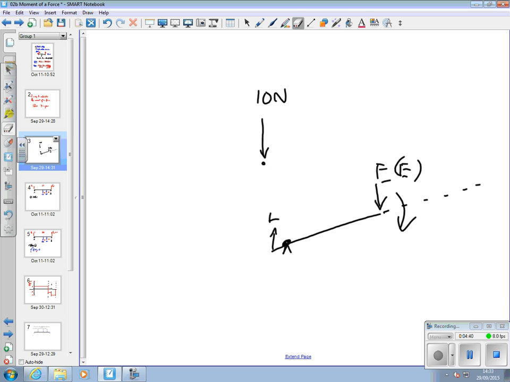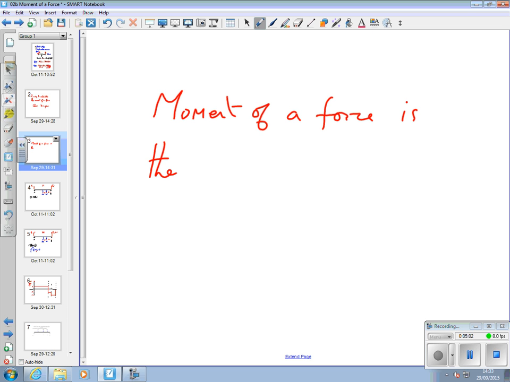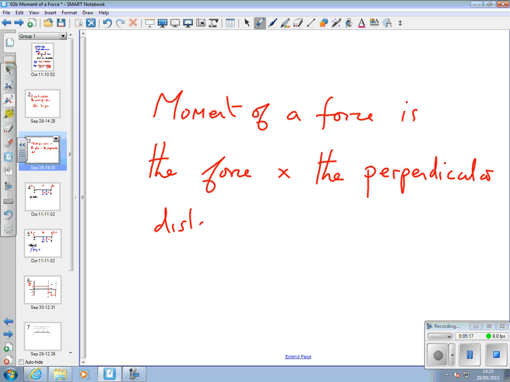So the moment of a force is the force times the perpendicular distance from the pivot.